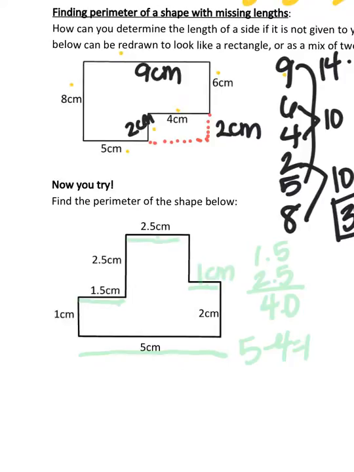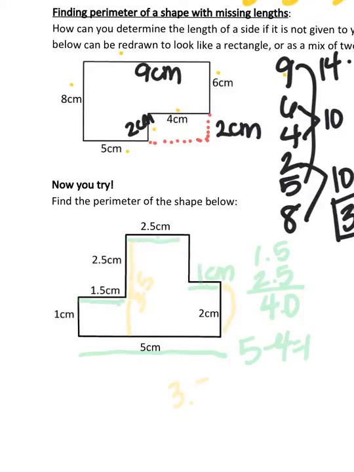Then if I highlight the other side, my vertical sides, right, we know this is 2.5. And if I was to draw straight down, this is 1, right? So that whole thing has to equal 3.5. On this side, though, I only have 2.